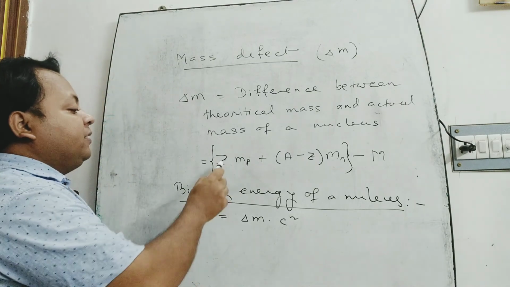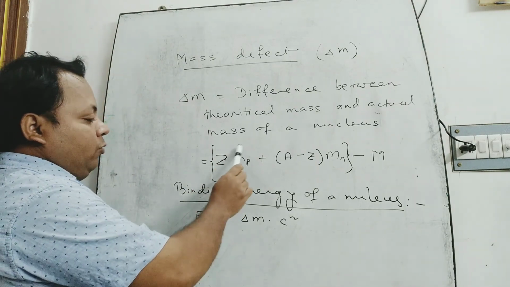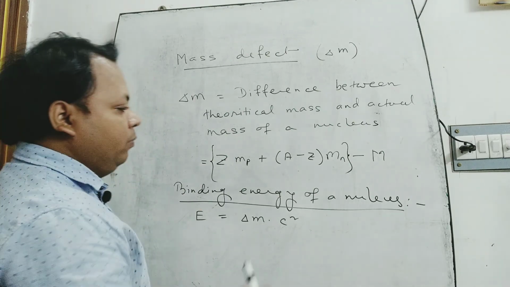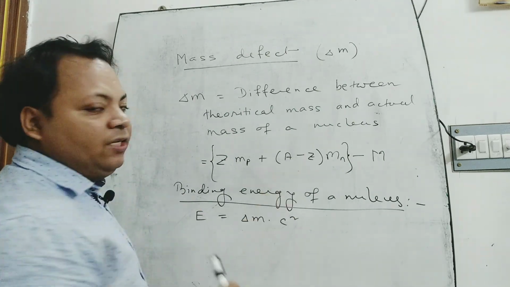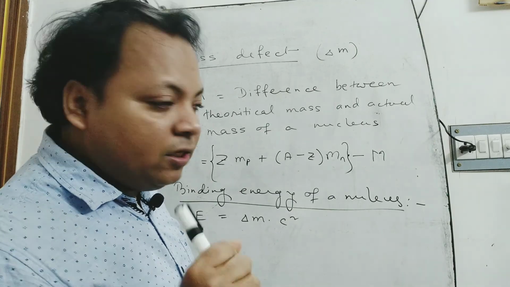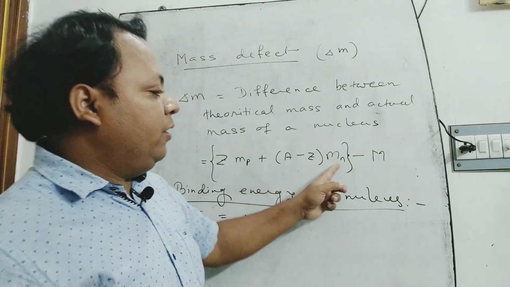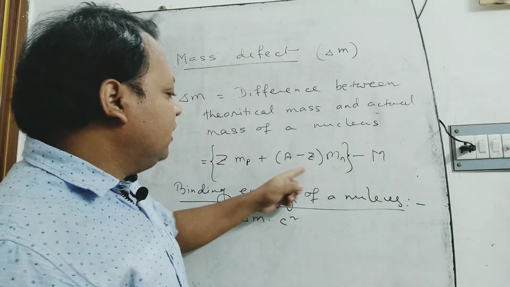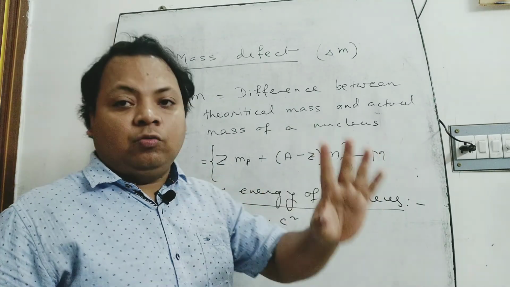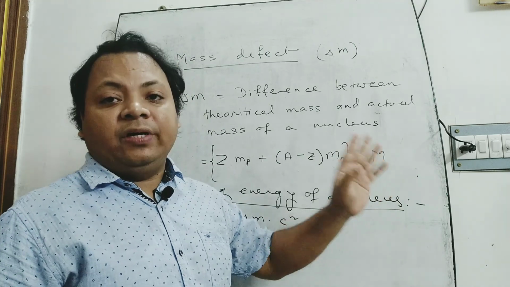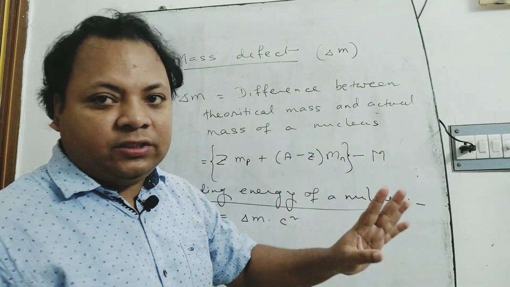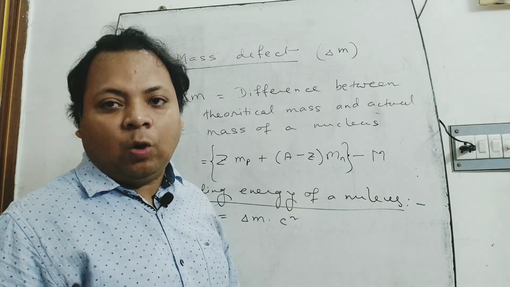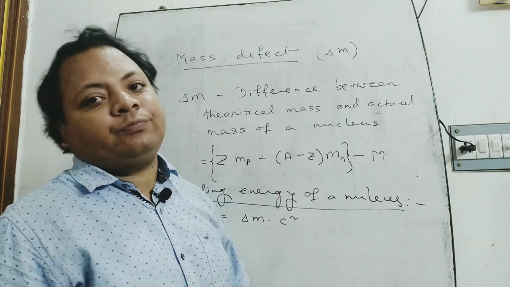Here, proton number Z into Mp, where Mp is the mass of a single proton, and A minus Z is the neutron number inside the nucleus, into Mn, where Mn is the mass of a single neutron. This is the theoretical mass of that nucleus, and capital M is the actual mass of that nucleus, and this difference is known as mass difference or mass defect.